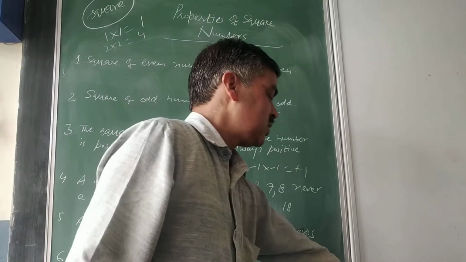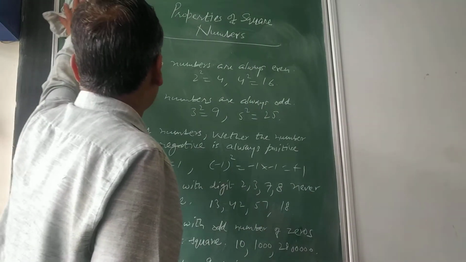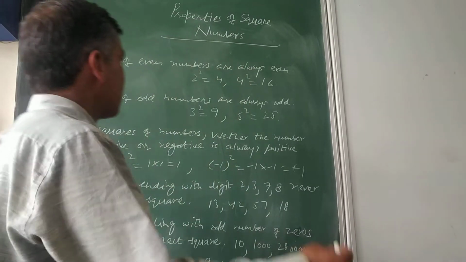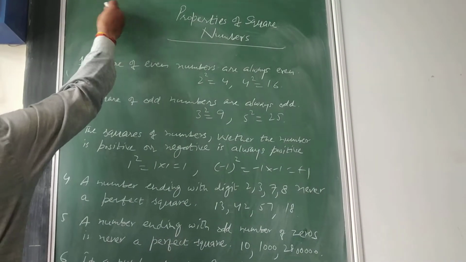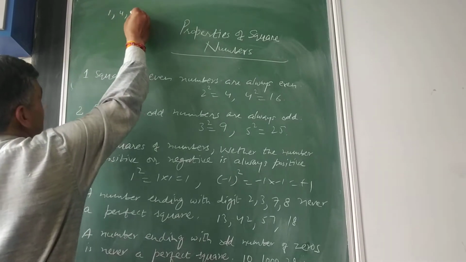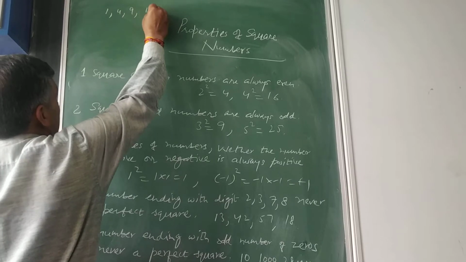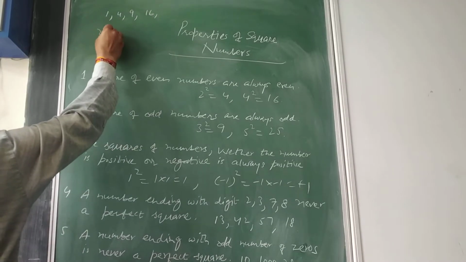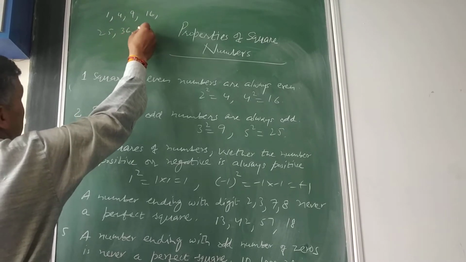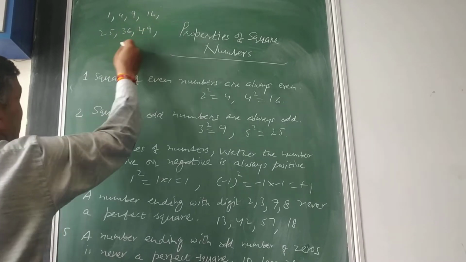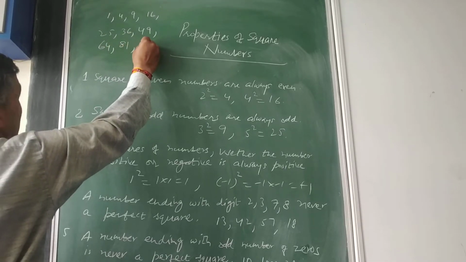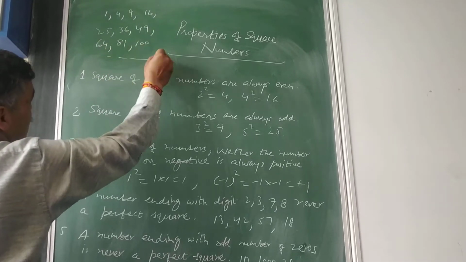So what happens if I keep on multiplying these natural numbers 2 times? Somewhere I will be getting the result. Suppose I am multiplying 1 two times, the result will be 1; 2 times 2 is 4, 3 times 3 is 9, 4 times 4 is 16, 5 times 5 is 25, 6 times 6 is 36, 7 times 7 is 49, 8 times 8 is 64, 9 times 9 is 81, 10 times 10 is 100, and so on.